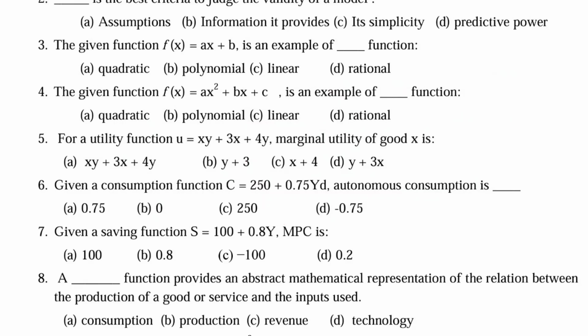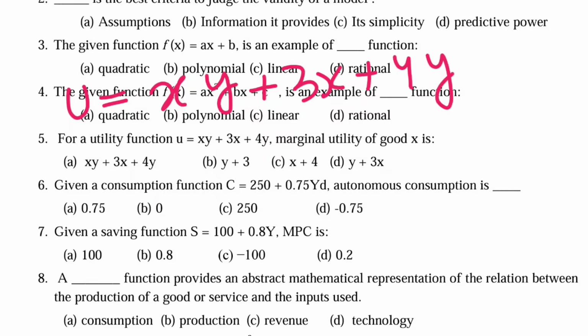Next question is, for a utility function u is equal to xy plus 3x plus 4y, marginal utility of good x is, options are being given. We need to find out the correct option. So utility is equal to x times y plus 3x plus 4y. Marginal utility of good x is simply the change in the utility due to the change in the consumption of good x.